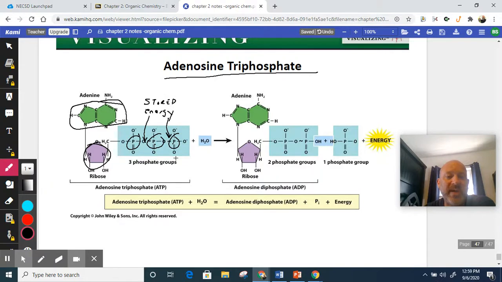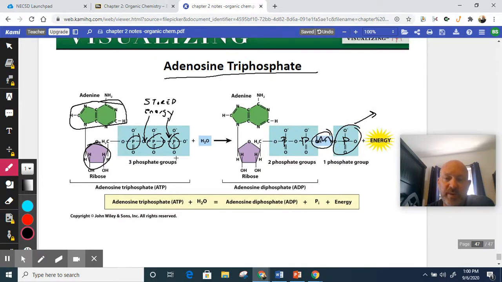When we make ATP in the cells at the mitochondria, this is called cell respiration, right? So we would need food nutrients, we would need oxygen to get this to happen. Now, when we want to use the energy, what we do is we take this ATP molecule that has 1, 2, 3 phosphates, and we break this phosphate off, breaking this bond right here.